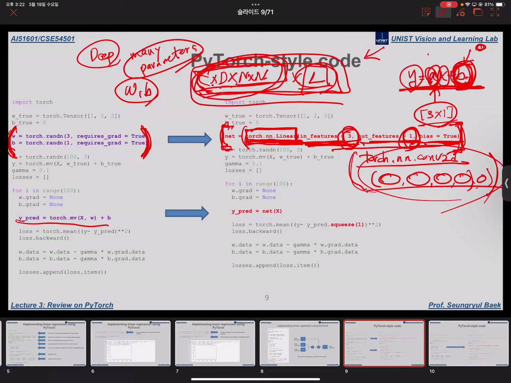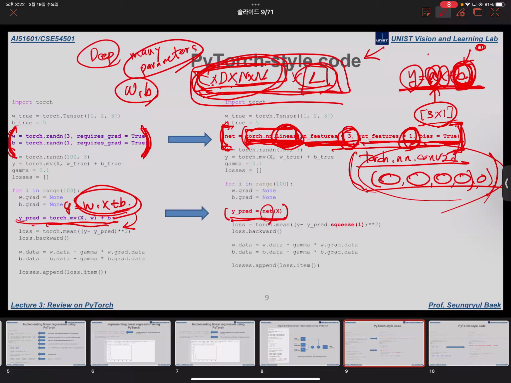And the next thing is, for implementing the forward rule, you don't have to explicitly write down the exact formula. Okay, so seeing this formula, you would type it yourself in your code, but by defining the linear layer, the program already knows that this net architecture is their forward formula.